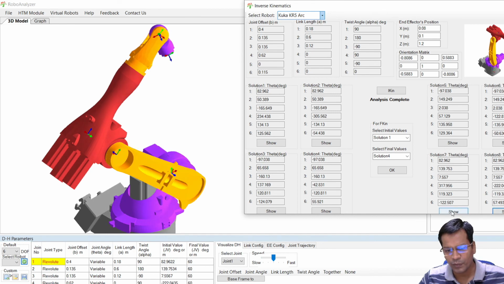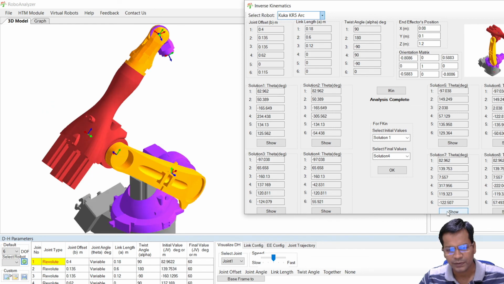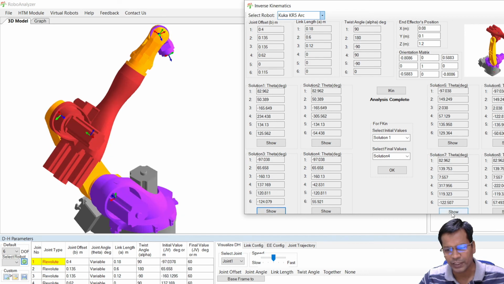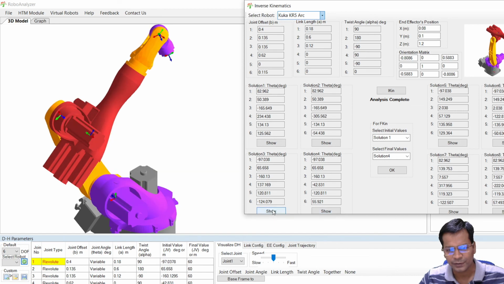So what is the difference between this and this? The first link has changed by 180 degrees, this one and this one. Nothing else has changed, it is at the same position and orientation. What is the difference between this and this? Only the wrist solution, 2 solutions are shown.